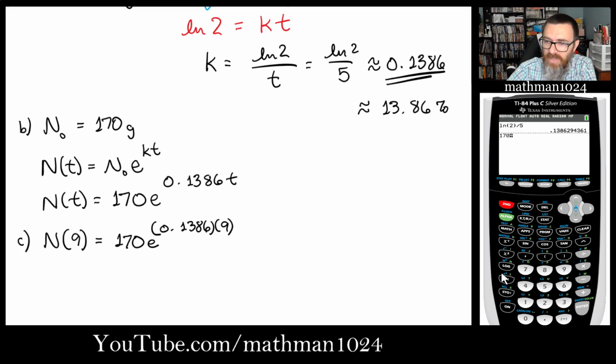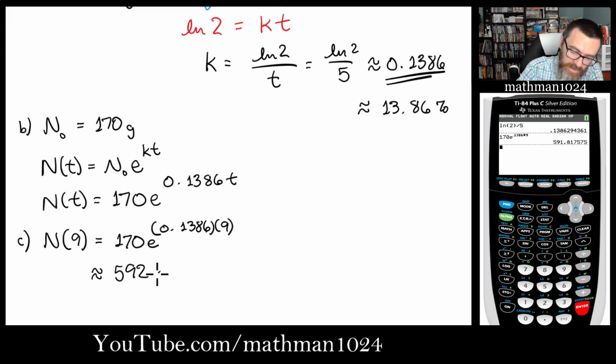So 170 e to the 0.1386 times 9 power. Now, the way that the calculator is displaying this, it's all in the power, so I don't need parentheses. And we end up with a value that is approximately 592 grams.